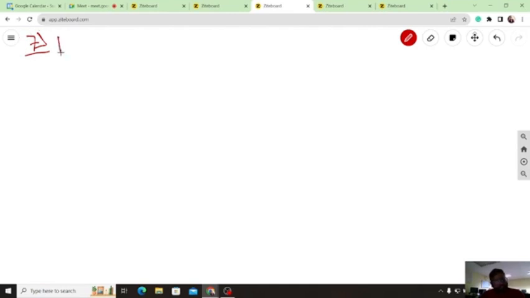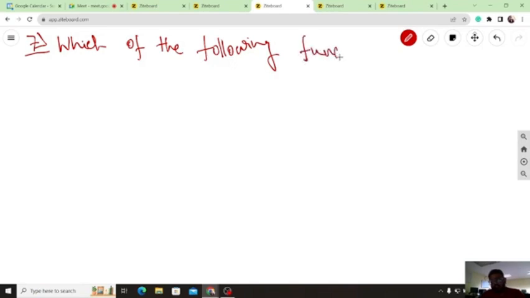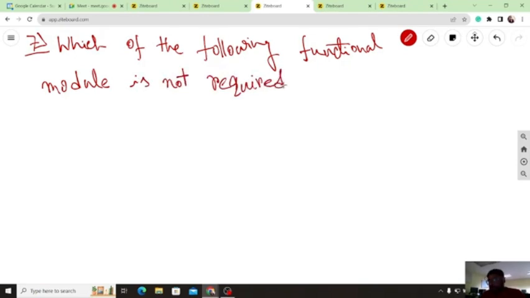It says, which of the following functional modules is not required in the Costas loop for a DSBSC signal?